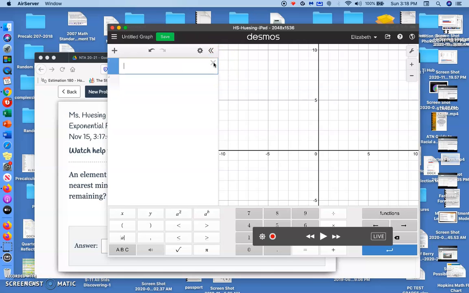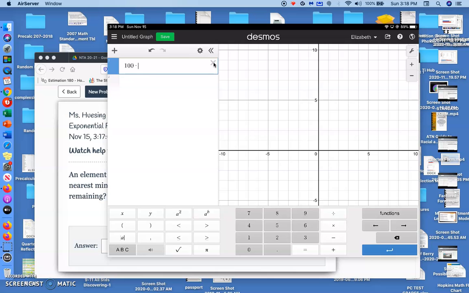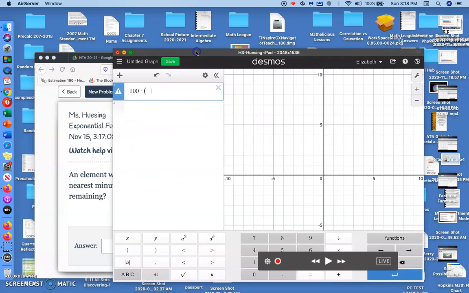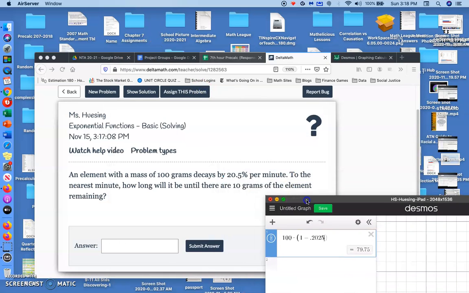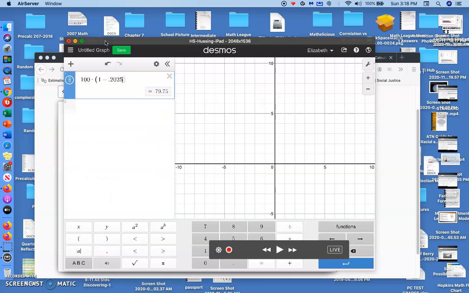So our equation was 100 times parenthesis 1 minus 0.205. But then we didn't know our power.